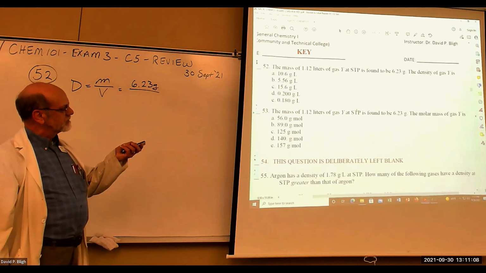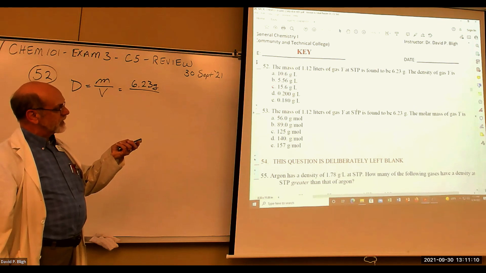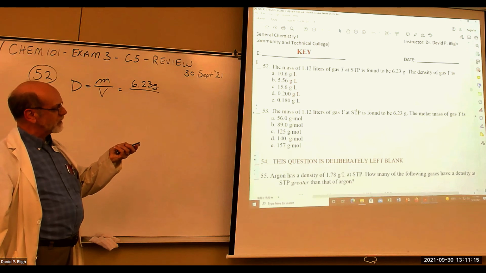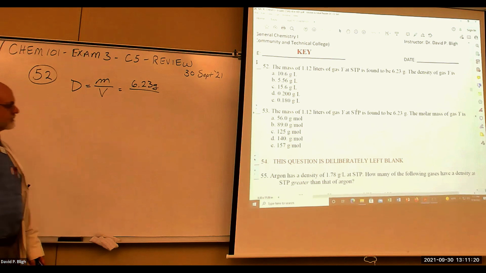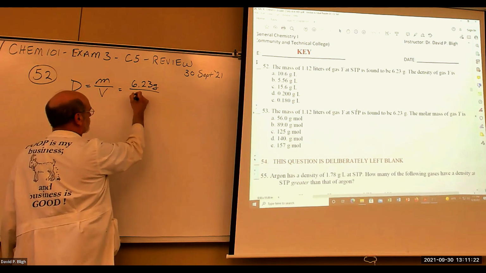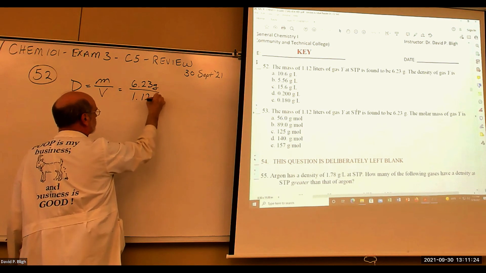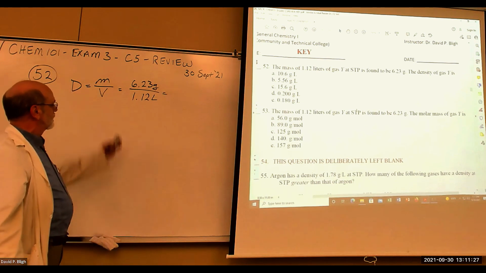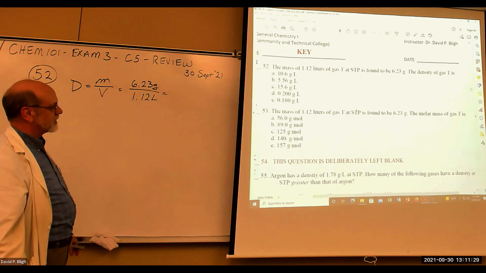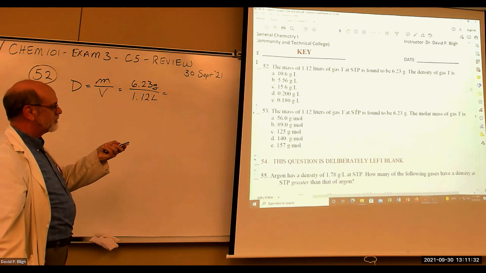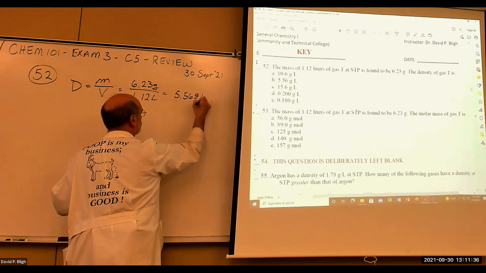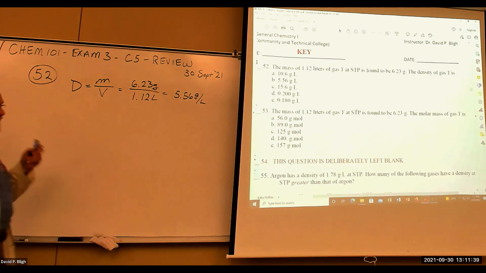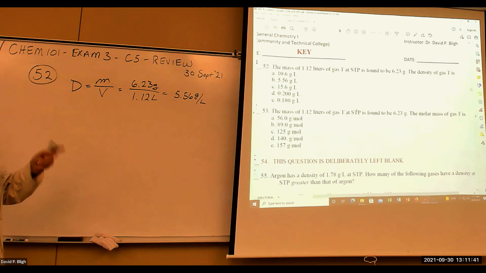Except we need to say, what are the units of measure? Liters and grams. We got liters and grams. Okay, so this isn't as bad as I thought it was going to be. We do have the volume, 1.12 liters. And that should be in the neighborhood of 5.56 grams per liter.